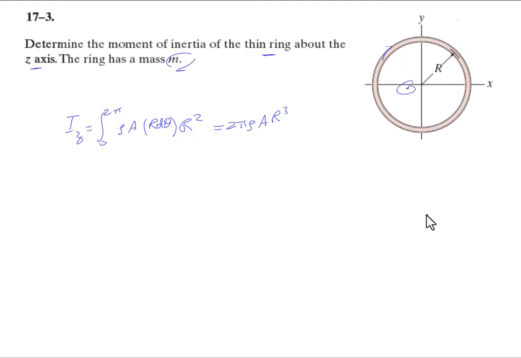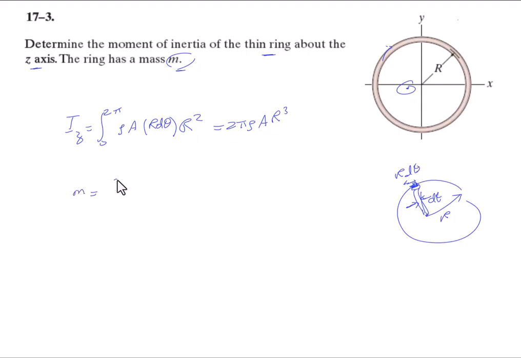So you have, this is r, and this is like a section, and this is d theta, and this guy is r d theta. So I'm going to integrate this all through.